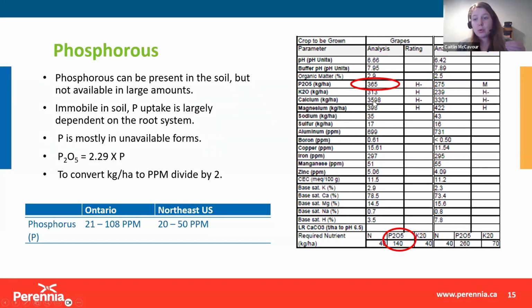So it's important to acknowledge that, and note that the recommendations may change slightly depending on the tests that they're using. So if you're comparing the tests, this is in parts per million, you want to convert that kilograms per hectare to parts per million, but also recognize that the actual test the lab is using might be different. So the recommendations may be slightly different.